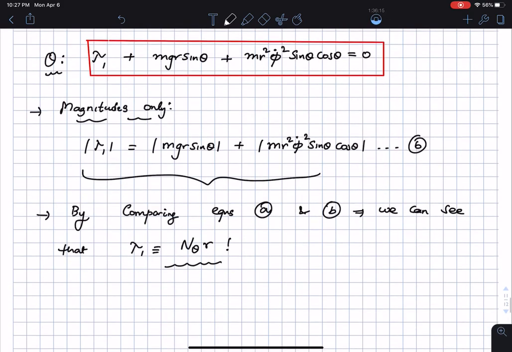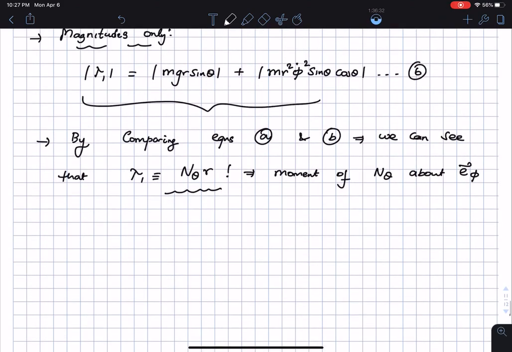So you see that lambda 1 is actually not the constraint force, but this is the moment of the constraint force about the E phi direction. This is the moment of n theta about E phi, which means that I can now recognize that having lambda 1 gives us n theta.